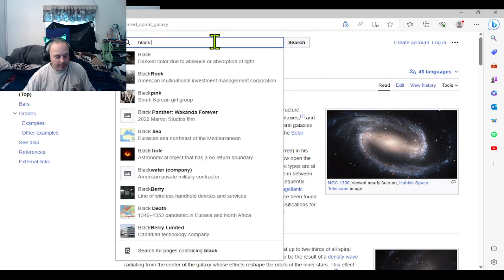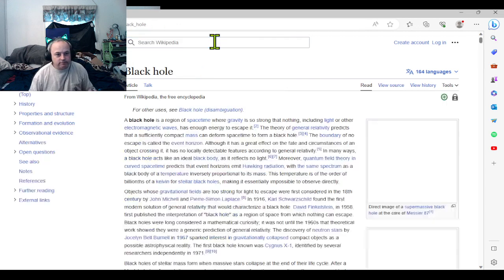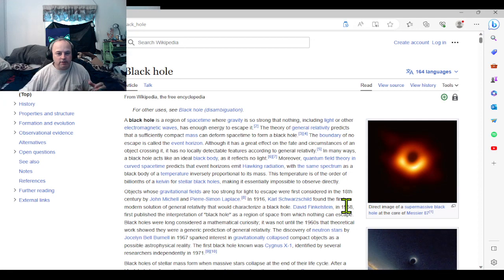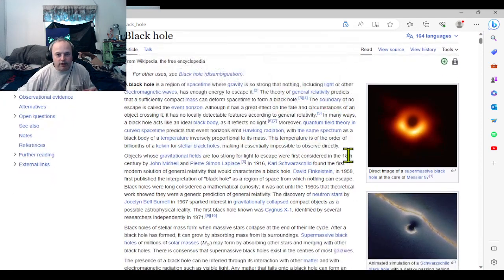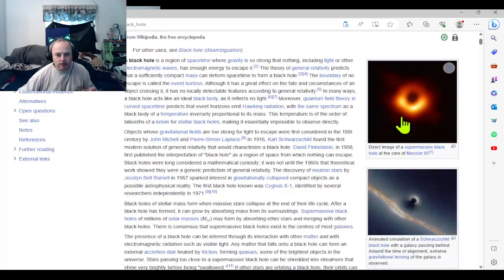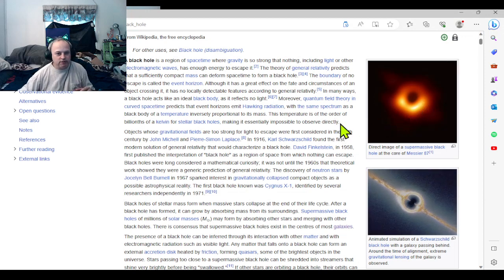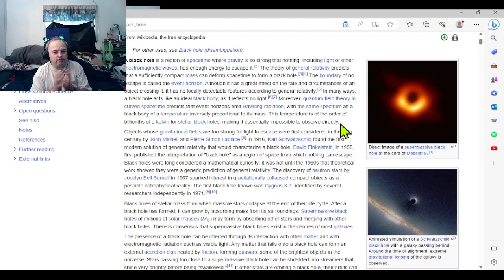Okay. So a black hole is a region of space-time where gravity is so strong that nothing, including light or other electromagnetic waves, has enough energy to escape it. So it draws everything into it, right? Everything, all things, all gases, electrons, masses of everything.